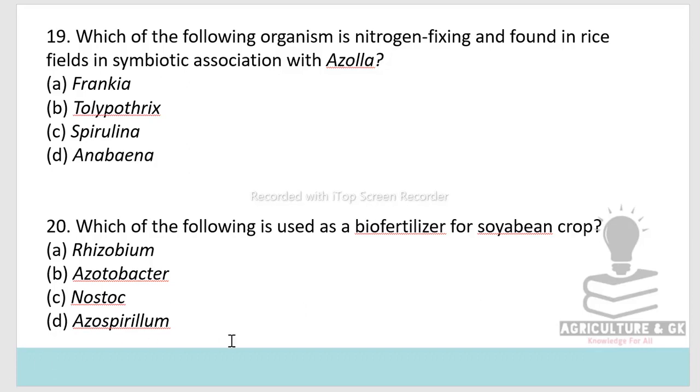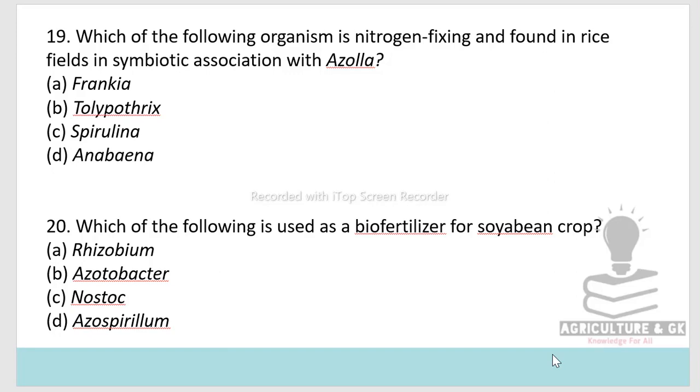So that was also discussed in an old video. So what will be the answer? Azolla is a fern, and the symbiotic association is between Azolla and the blue-green algae Anabaena.